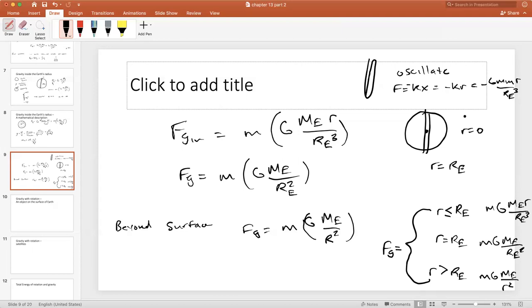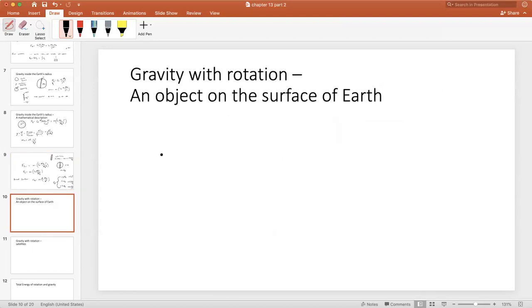All right. So let's talk about an object on the surface of the Earth. And I want to mention one quick thing. So imagine this thing's actually rotating at the equator, but it's a box, or you're at the equator. And so the Earth is rotating with omega. If you were at the pole, this wouldn't happen because you could say that it's not rotating at the pole.